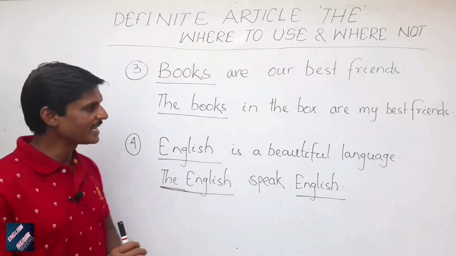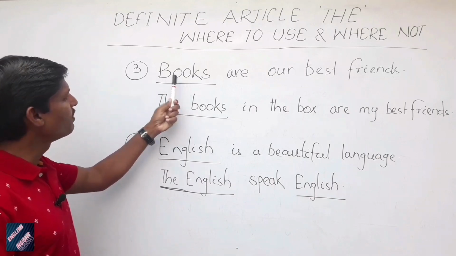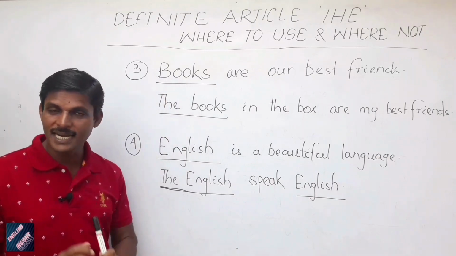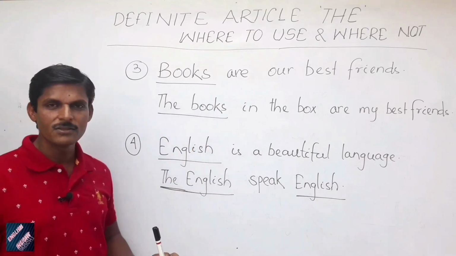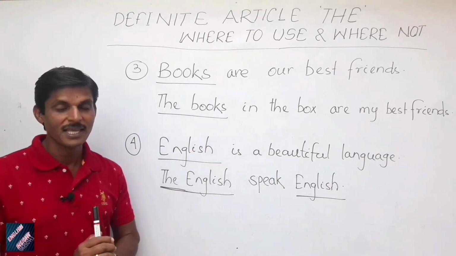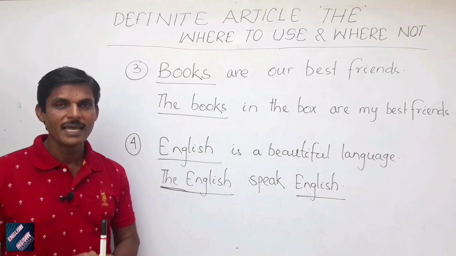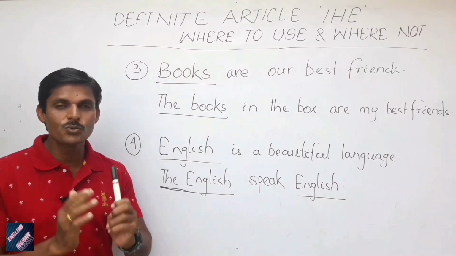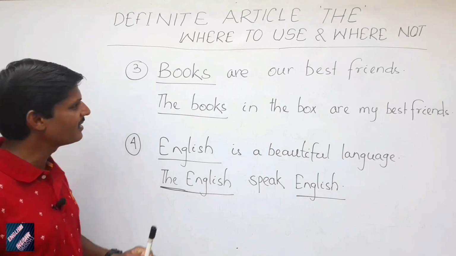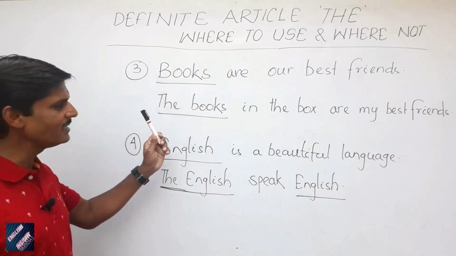But in the first sentence, the is not used before the word books, and in the second sentence, the is used before the word books. The reason is very simple. If we talk about any plural countable nouns in a general sense, we should not use the before the word. It happens in the first sentence.